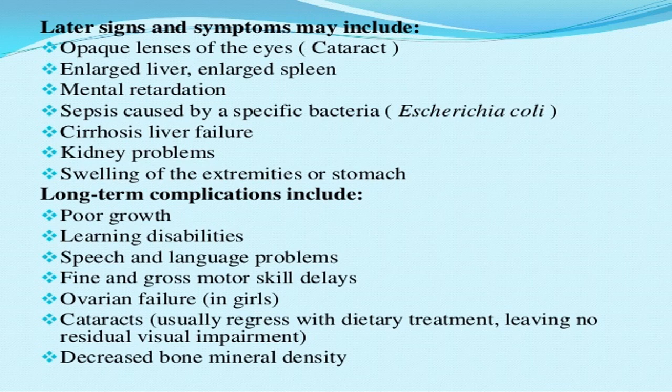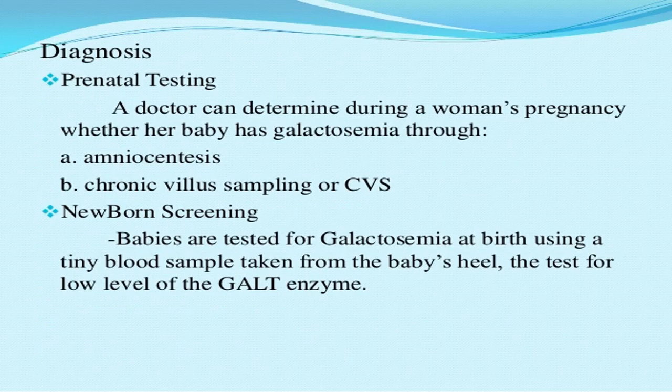Long-term complications of galactosemia include poor growth and development, learning disabilities, speech and language problems, and fine and gross motor skill delays. In girls, they may have ovarian failure and decreased bone mineral density.